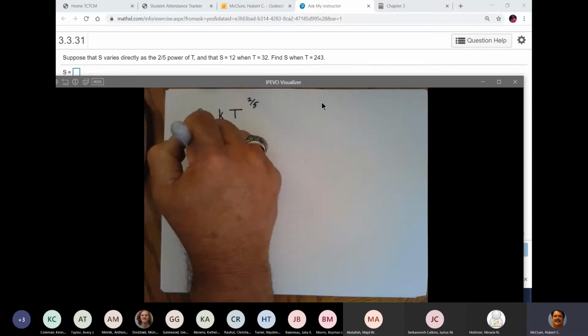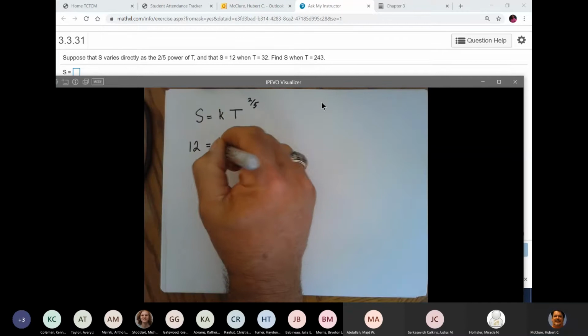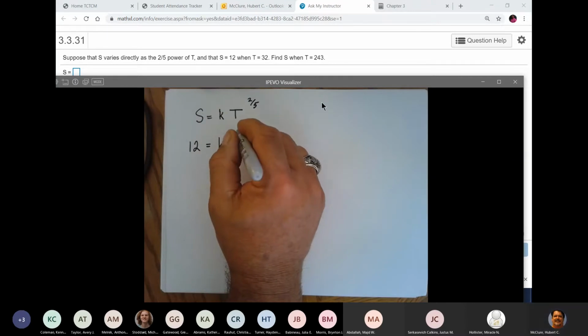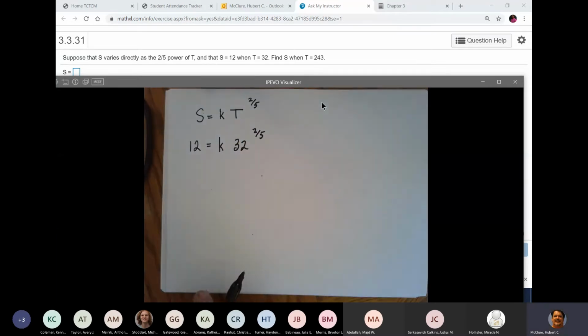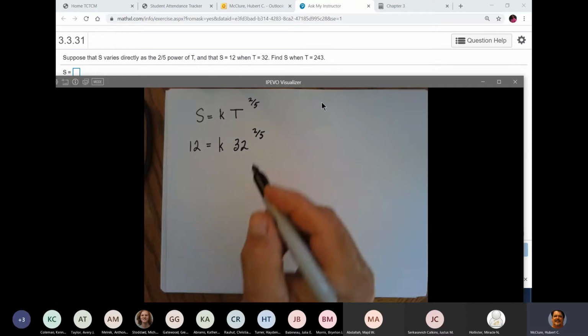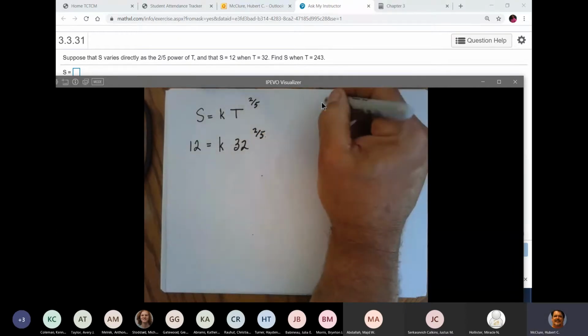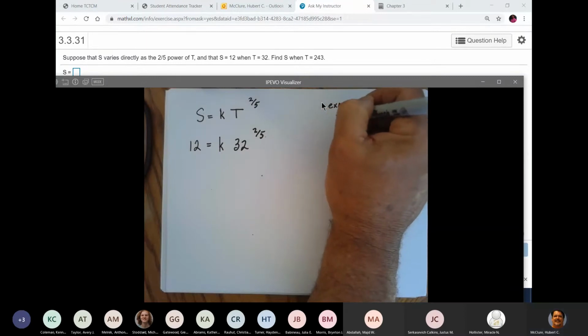So plug in 12, K, T is 32. Now remember, exponent over index. And when you do a rational exponent, you got exponent over index.